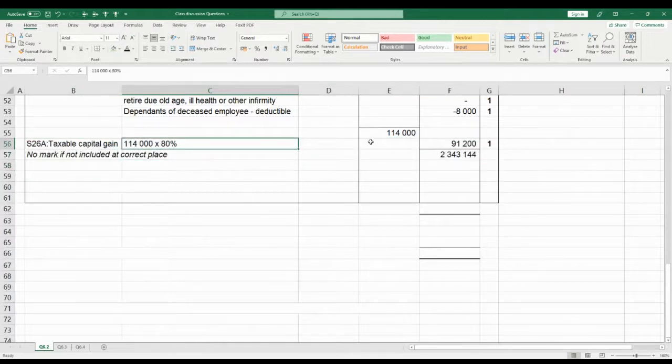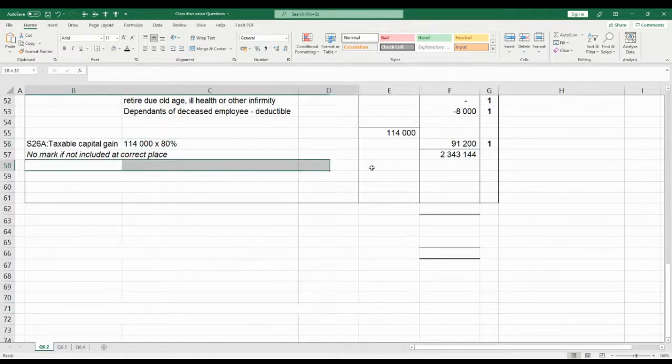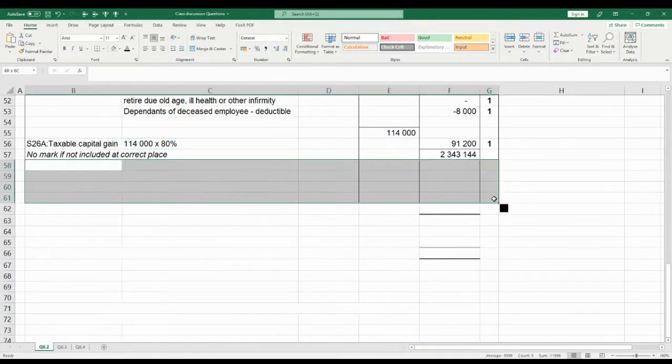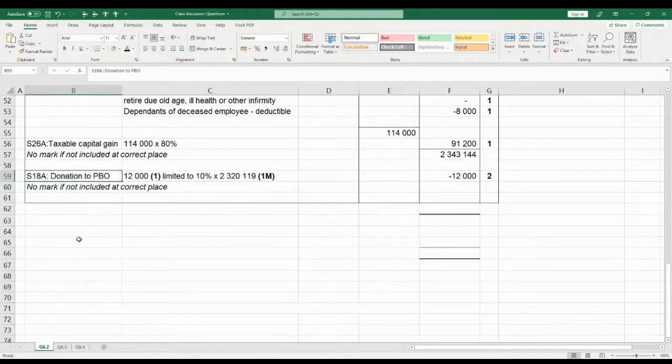So we take that 114,000, multiply with the 80%, and then add the 91,200, which is our taxable capital gain portion, to work out what is our subtotal prior to working out our donation. Now remember, because we have a Section 18A certificate, we are limited to a deduction of 10% of that value.